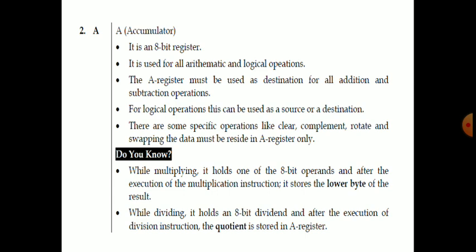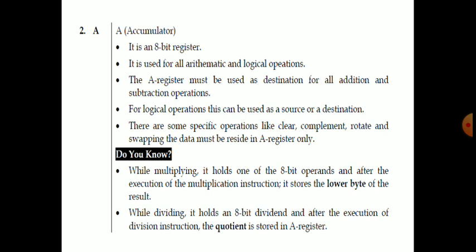The A register must be used as the destination for all addition and subtraction operations, because after every arithmetic operation we will have a result. So where will that result be stored? It will be stored automatically in the accumulator register. The accumulator will hold one operand during this operation, for example ADD A, B. In that instruction A holds one operand and B holds another. Upon adding, the result is automatically stored in the accumulator itself.